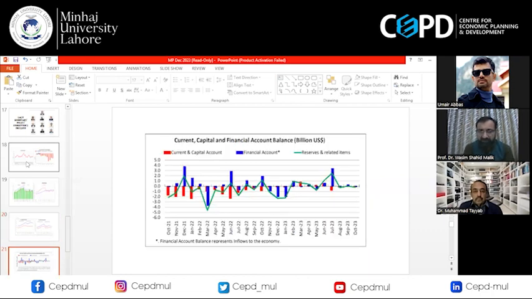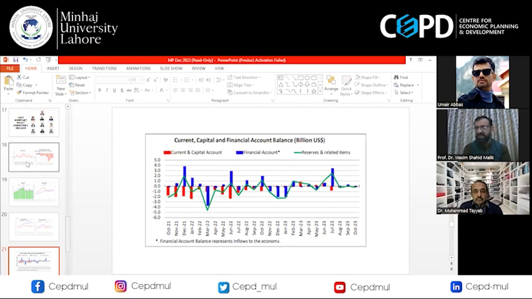This is the situation of our external account, that is, the balance of payment account. Here you can see the current and capital account in October 2023 is slightly positive, negligibly positive.